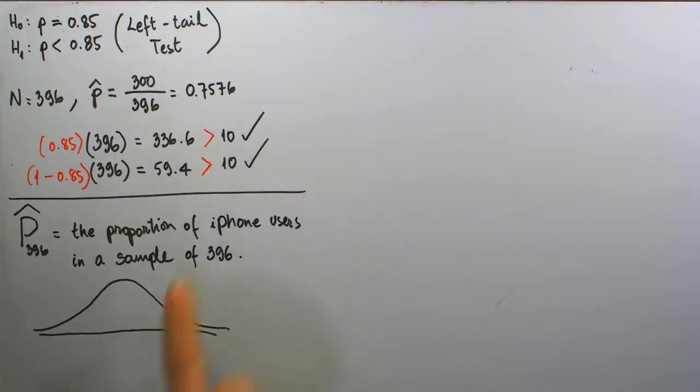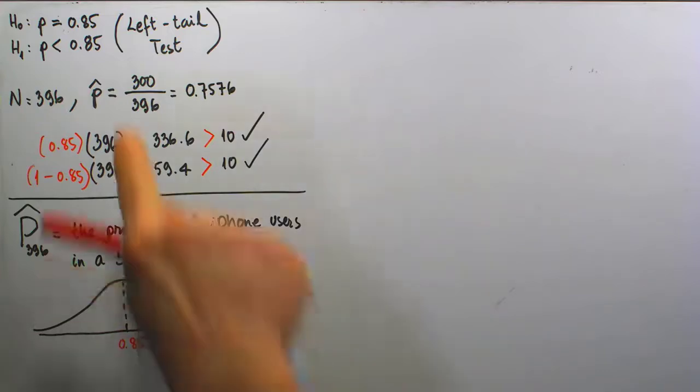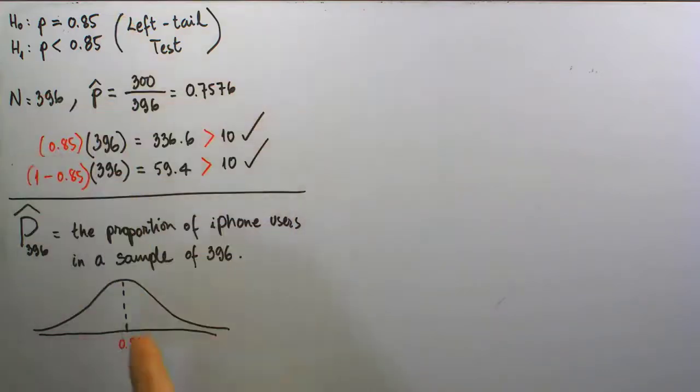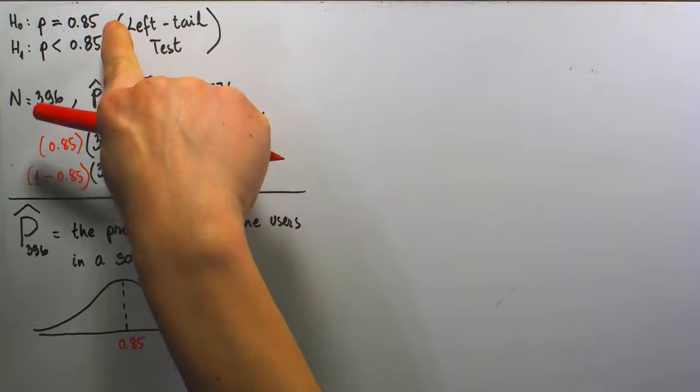And definitely our sample will be one value on this bell curve as well. This bell curve will have a center at 0.85. So after seeing the two example problems from example 1 up to this point, the center of the bell curve will always be that value that we have stated in our null hypothesis.